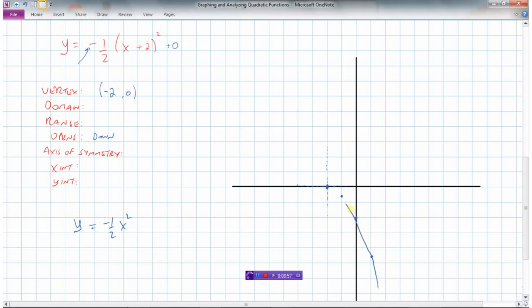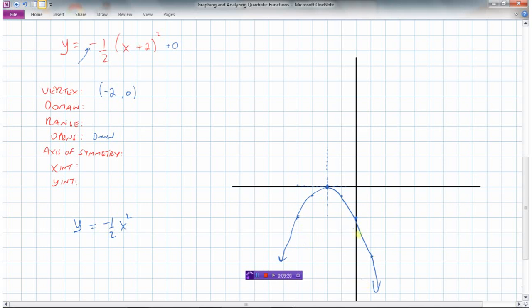So there's a few points on the curve. And then if we've got these ones graphed, the other side's just going to be symmetrical. And so the graph of this parabola, y equals negative 1/2 (x plus 2) squared, would look something like this.